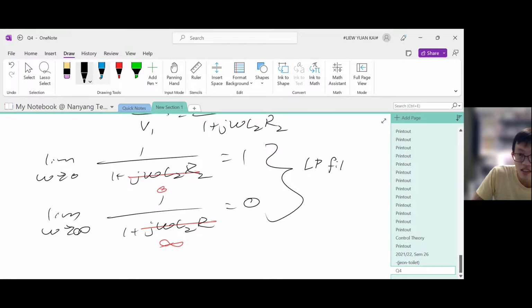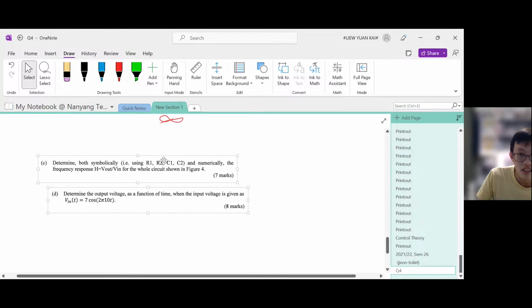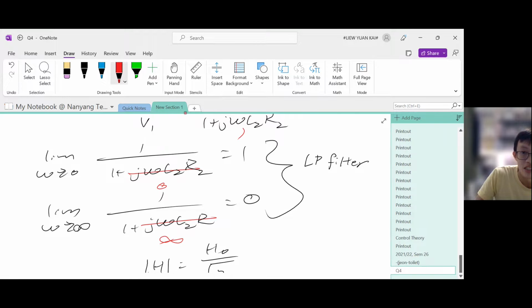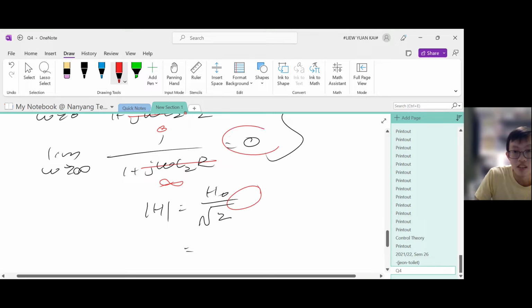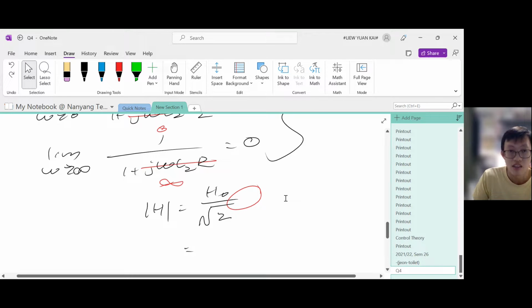Now to find the cutoff frequency, what do we need? We need to solve the magnitude of H equal to the maximum H divided by √2. The maximum H is given by this, because this is 0 and the other value is the maximum.